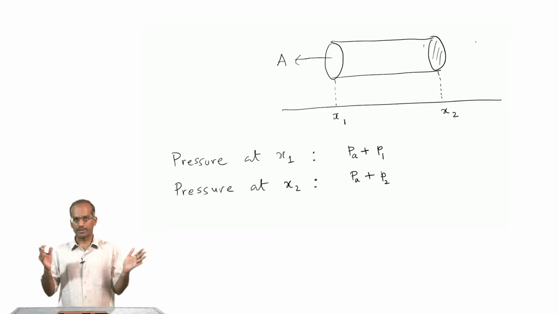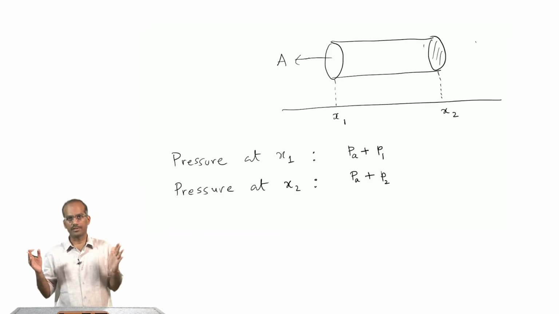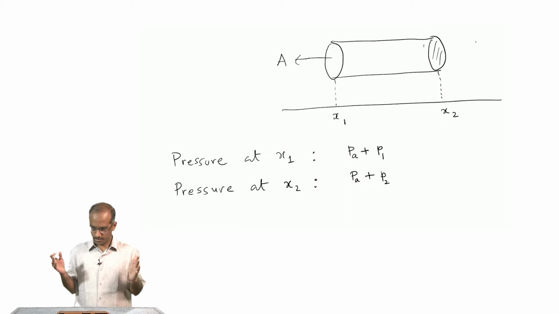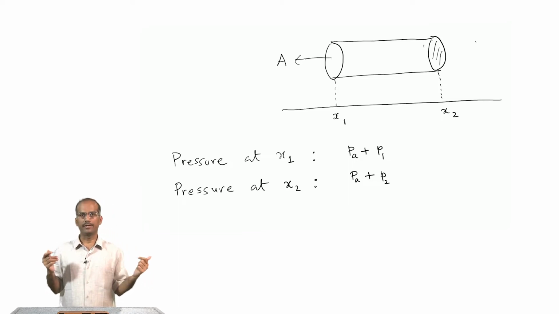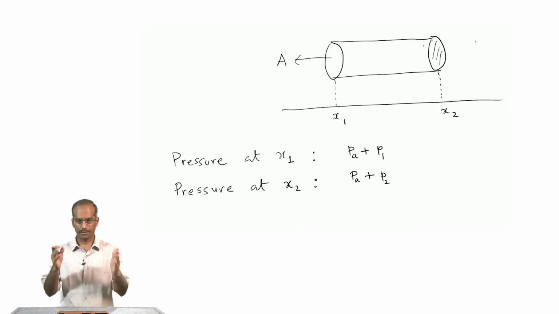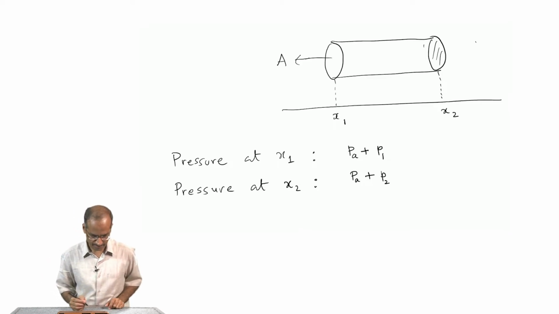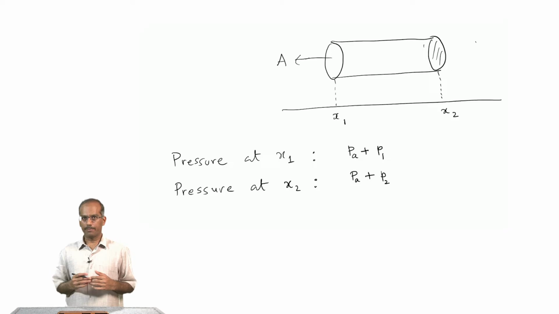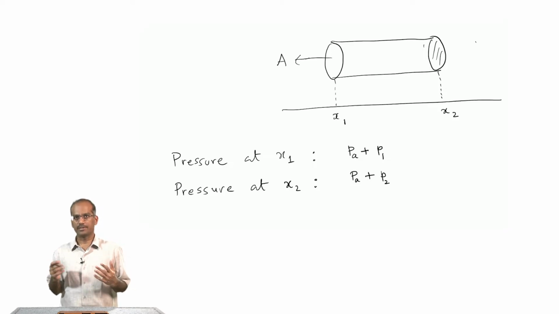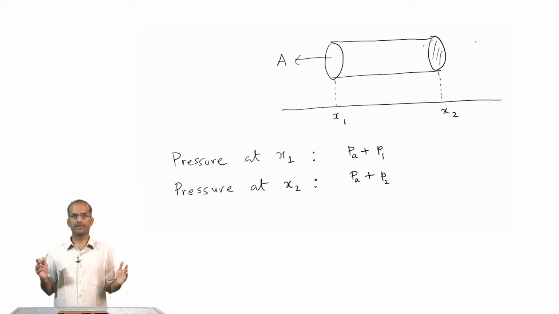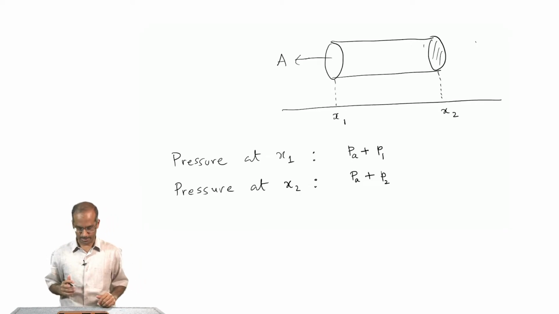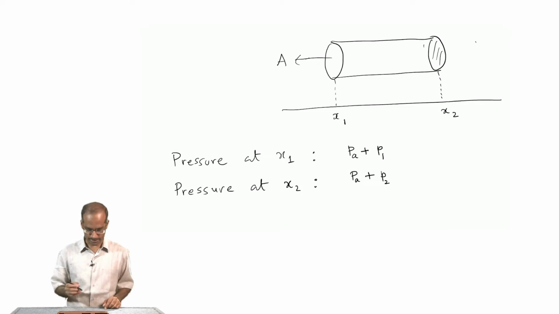So, the pressures on both of these faces are not equal, and clearly there is going to be a net pressure acting on this parcel of air, and if you multiply that net pressure by the area of cross section, which we have said is A, we will get the net force acting on this parcel of air. That is what we are going to do next.